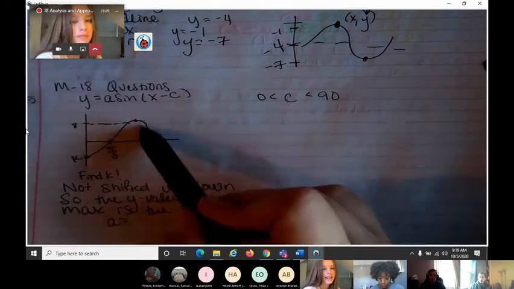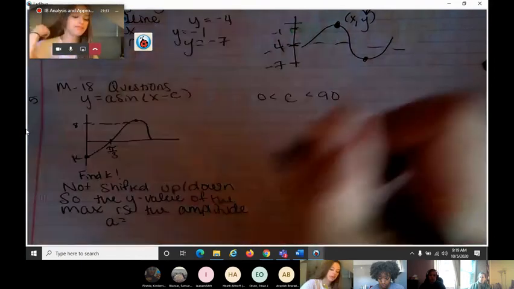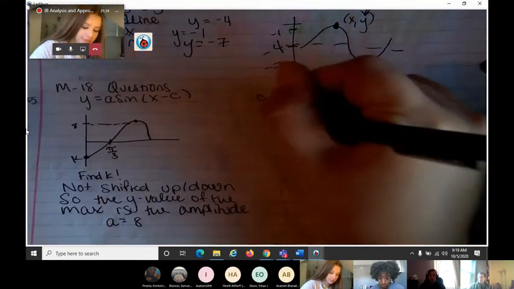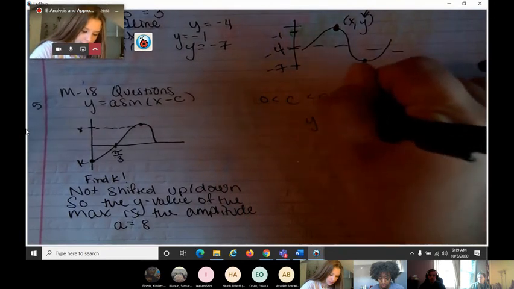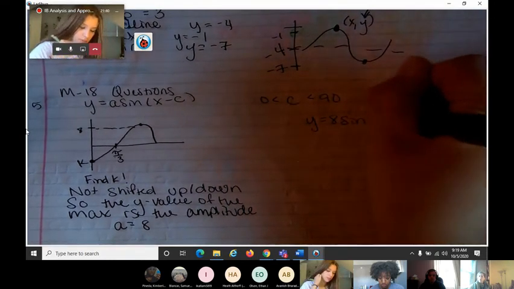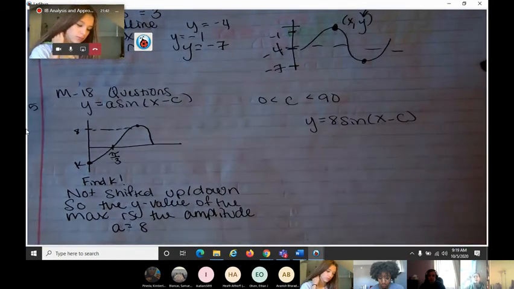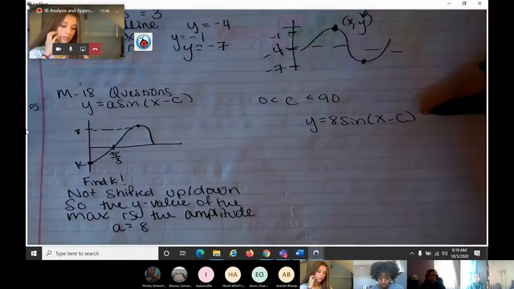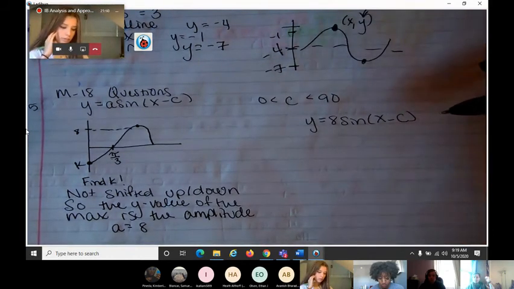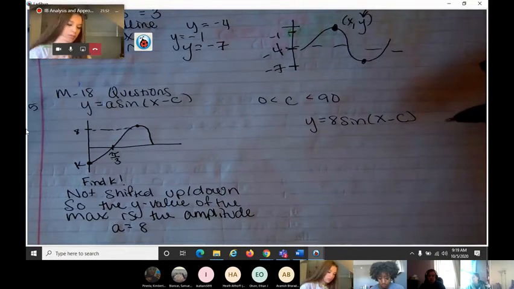So this is our max. 8. Yeah, 8, thank you. So I can rewrite our function as y equals 8 sine of x minus c. Now the first step we need to take in order to find k is to actually figure out what this function is. So let's try to find c next. We're going to use c to then find k later.